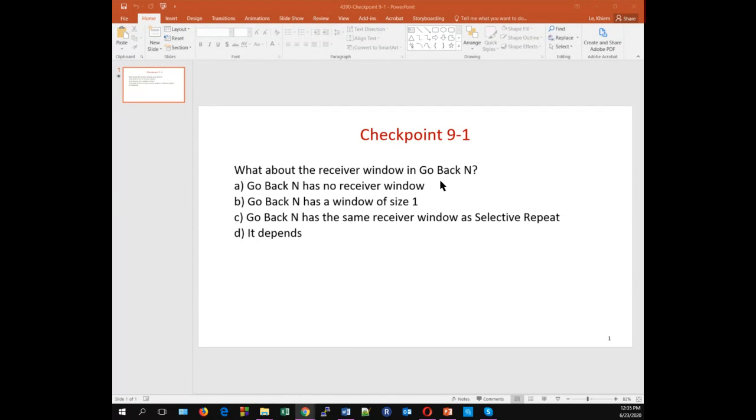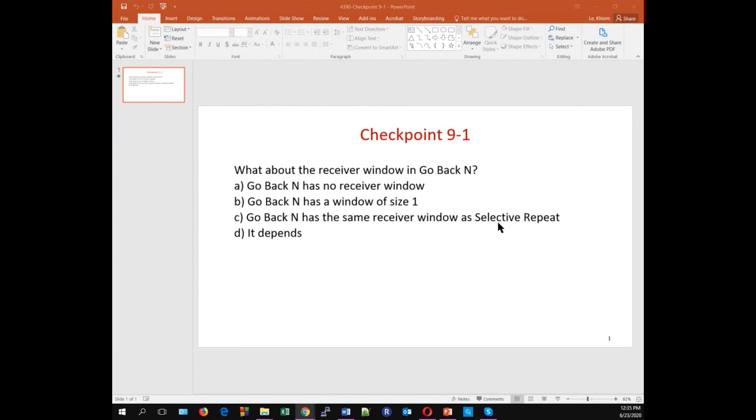In the case of Go-Back-N, the receiver will only accept the next sequence number, right? So if it receives any packet with a sequence number that is different, it will not accept it. So the receiver window in Go-Back-N is of size 1 because it accepts only one sequence number. And the correct answer is B.